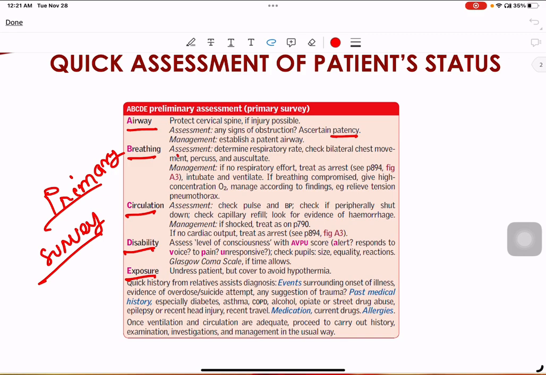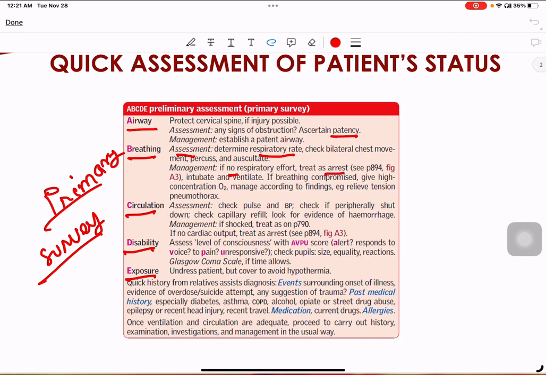Then we have to assess the breathing of the patient. We have to check the respiratory rate, respiratory depth, and pattern of the respiration, for which we may need to percuss or auscultate the chest. If there is no respiratory effort, we treat it as respiratory arrest.